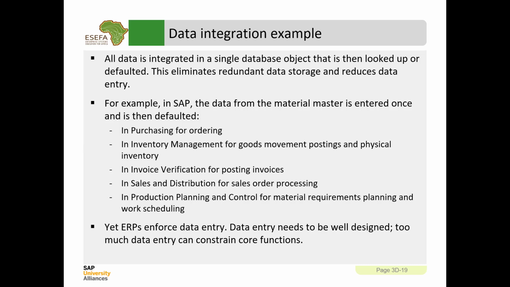Sales and distribution is updated to make a quote for the person. Invoice verification is done for posting invoices. Inventory is updated when they receive the goods movement and when the particular goods has been done or to be shipped to the person. Purchase order is done, and then for ordering. So all these are automatically updated, and then we say a seamless operation, and things will work out smoothly.